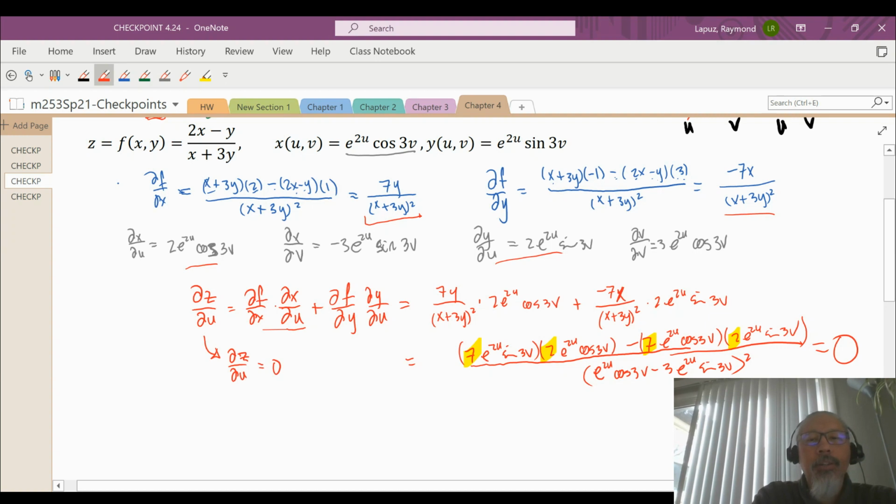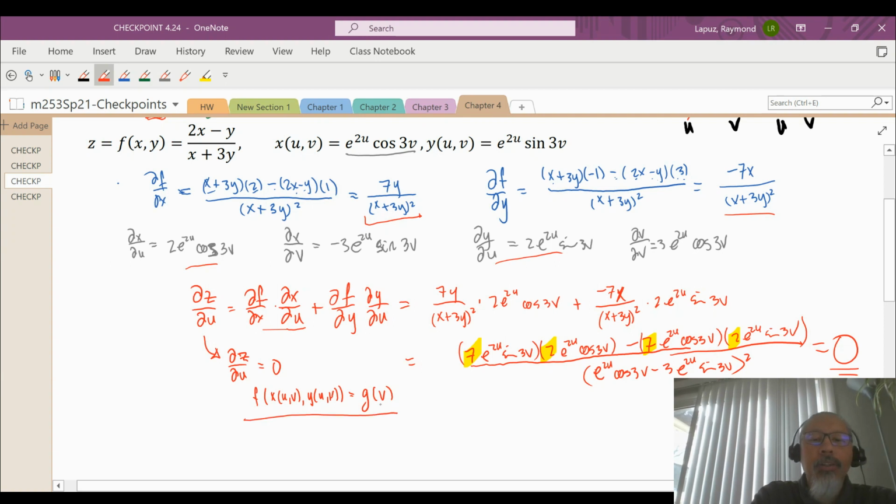That means the original function f, when you put x of uv and y of uv in, must have been just a function of v alone and not u, because with respect to u, this turned out to be 0.